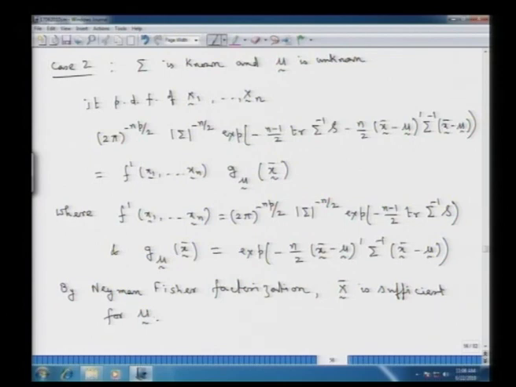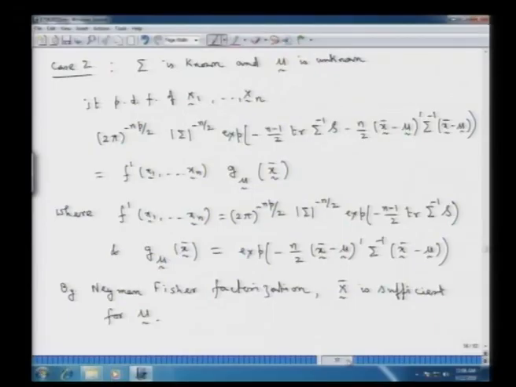So, if both mu and sigma are unknown, then x bar and s are jointly sufficient for mu and sigma. If sigma, the population variance covariance matrix, is known, then x bar is sufficient for mu. Now, we look at the third possibility, which once again is a theoretical possibility.